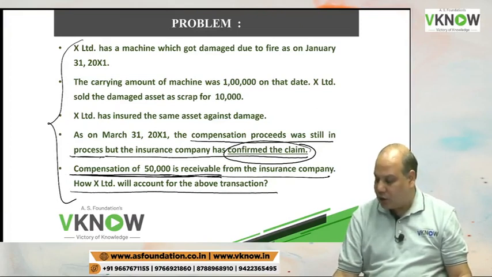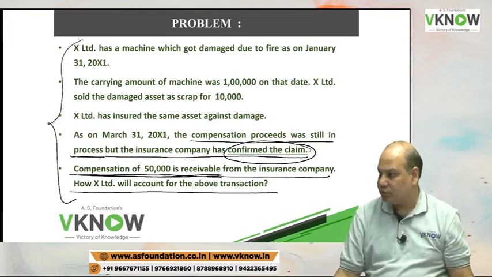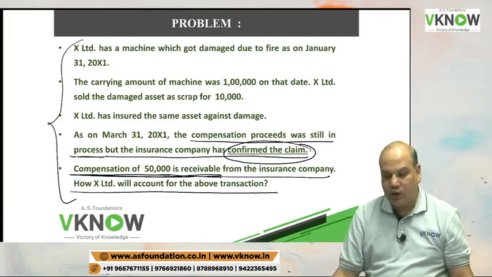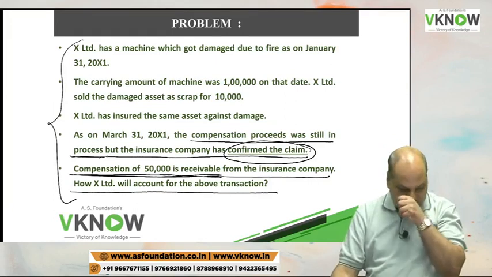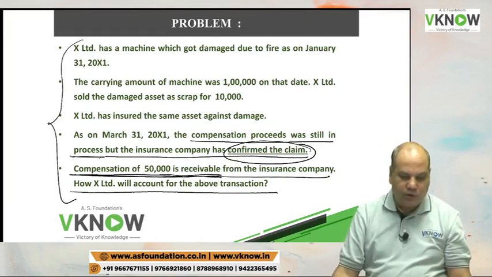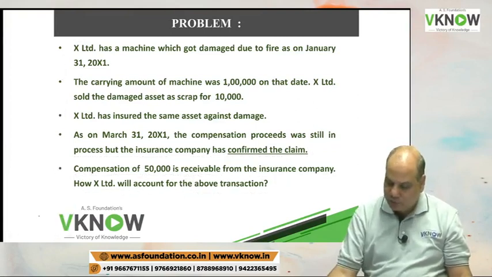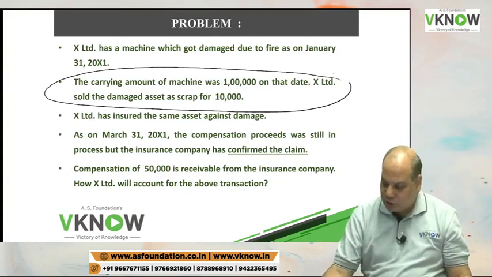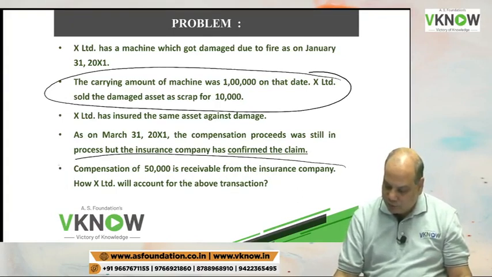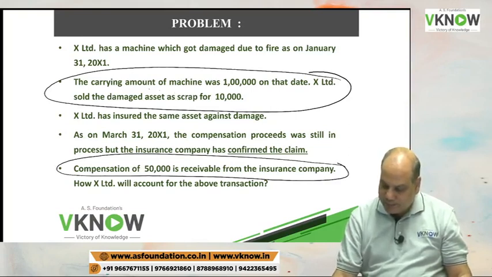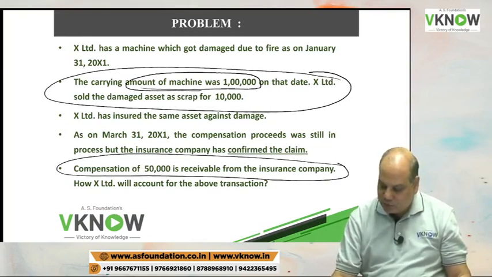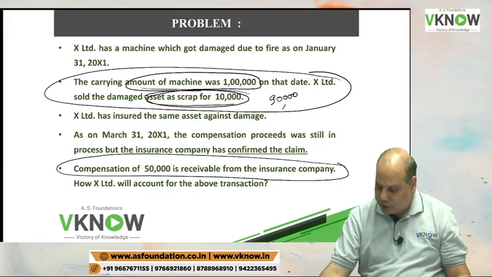How will X Limited account for the above transaction? The question is very easy. There are two things you have to record. One is loss. The machine carrying amount was 1 lakh, sold for 10,000, so a loss of 90,000 will be recognized.